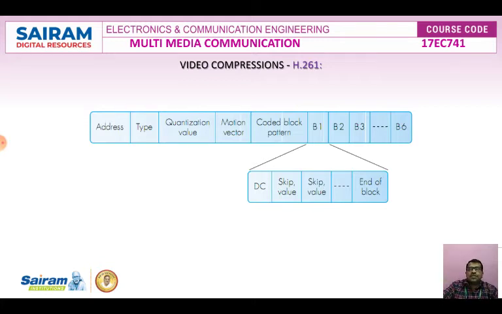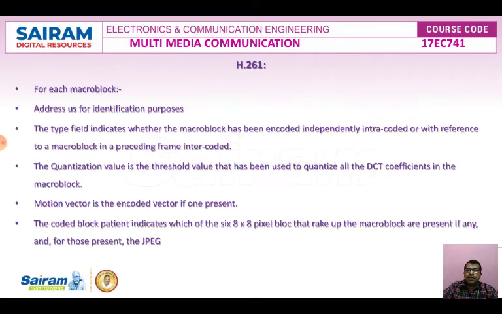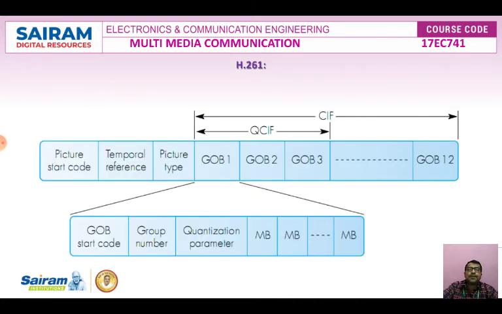The temporal reference field is the time stamp that enables the decoder to synchronize each video frame, and we have a picture type, which indicates whether the frame is an I frame or a P frame.